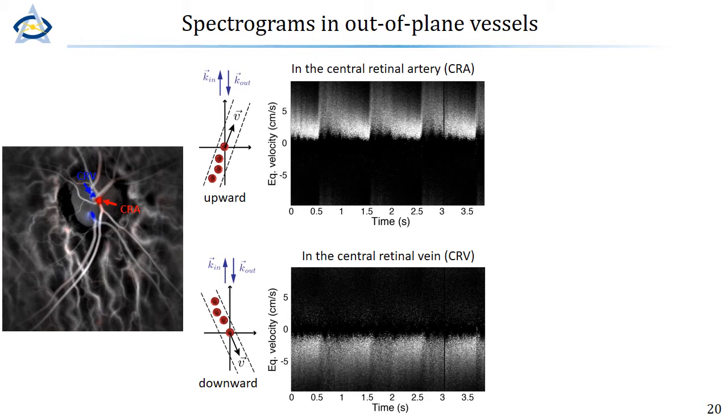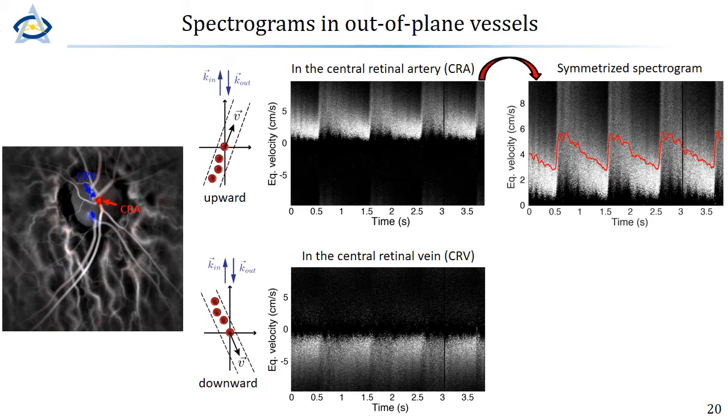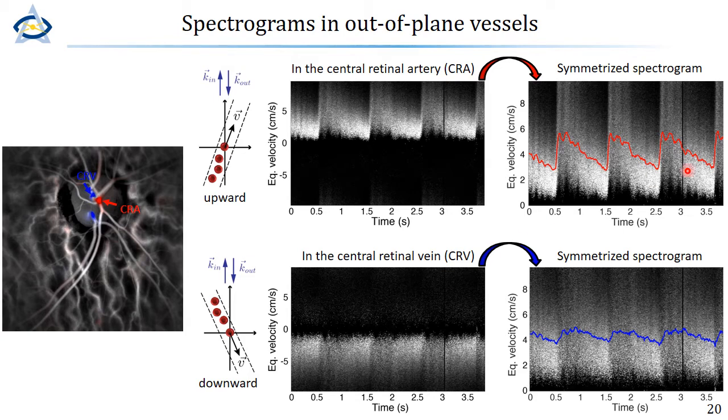In both these examples, the energy remains on the same side of the spectrum, which means that the flow is unidirectional. It preserves the same direction throughout periodic cycles. Now, if we want to estimate the average equivalent velocity, we just fold the two halves of the spectrum, we symmetrize it, and we calculate the statistical mean of this spectrum.